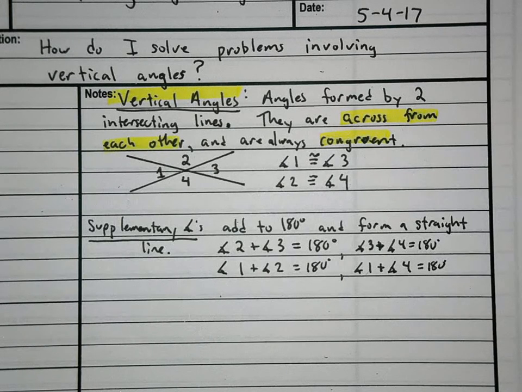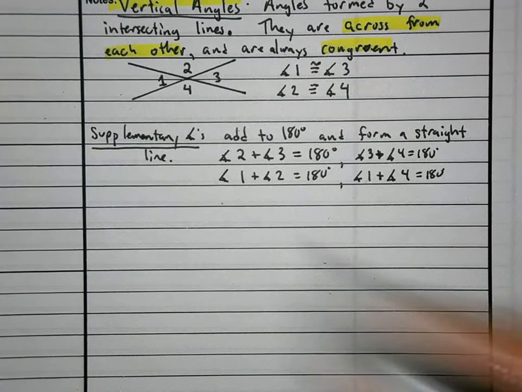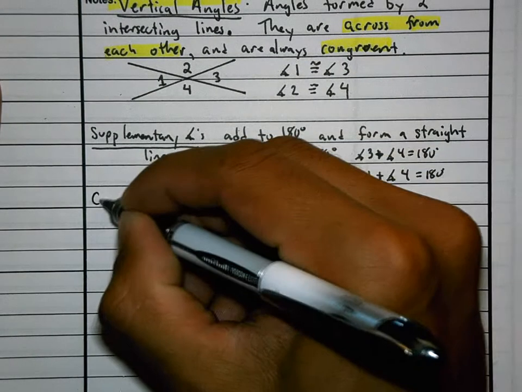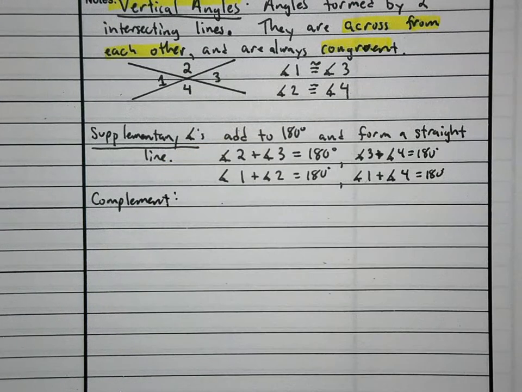One other word that you're going to need to know is complement. An angle's complement is the angle that it would take when you add to it to equal 90 degrees.